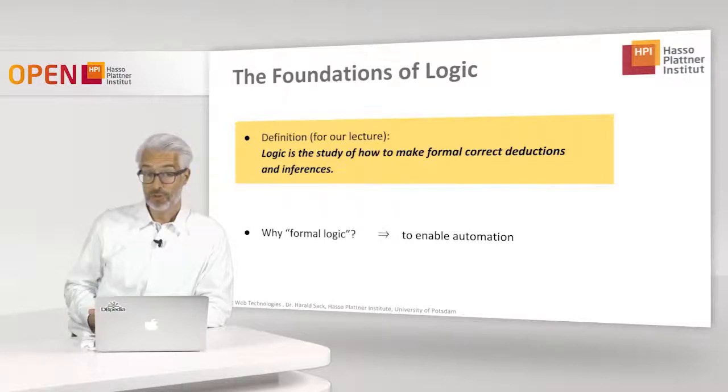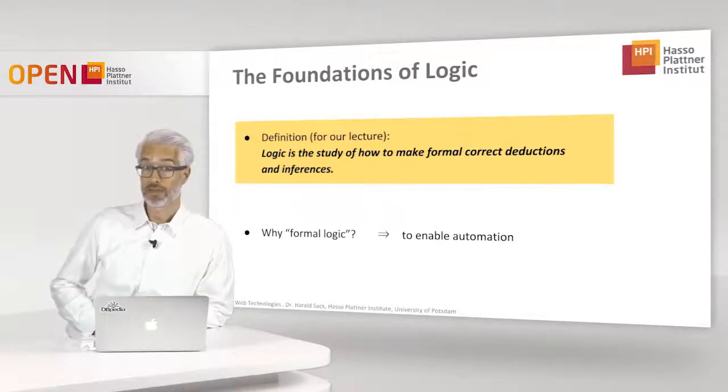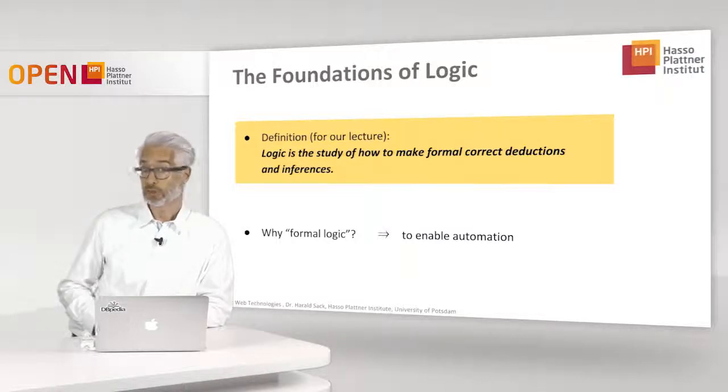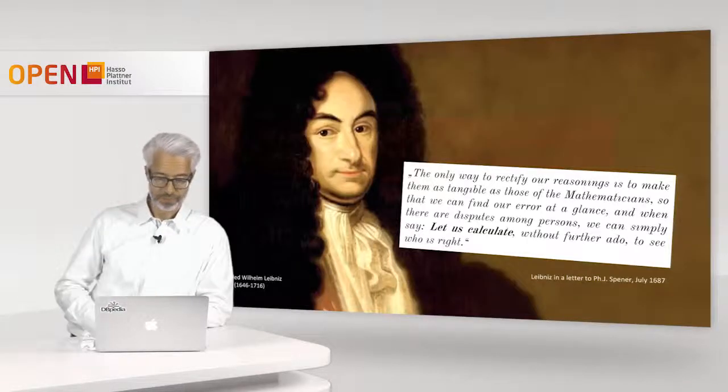And why formal logic? Informal logic would not be helpful. We want to enable automation, which means machines should also be able to draw correct conclusions, and therefore it must be formal.